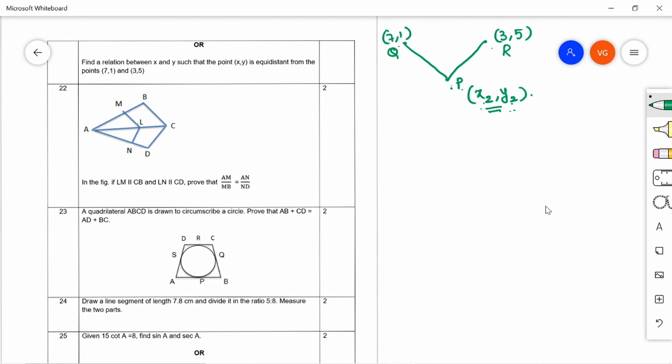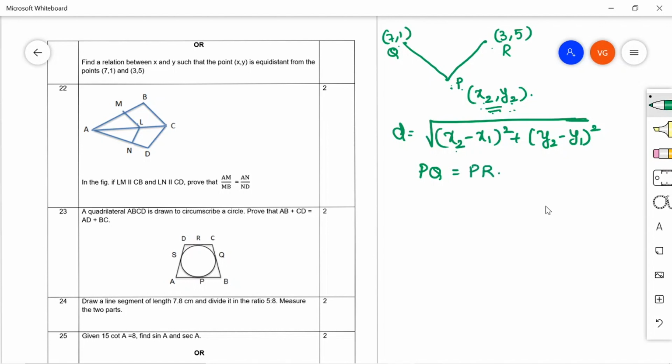Anything is okay. So the distance formula here is square root of x2 minus x1 whole square plus y2 minus y1 whole square. So to get the compatibility with the formula, I am assuming here P as x2, y2. So now this PQ should be equal to PR. So when you are calculating PQ, assume this Q as x1 comma y1.